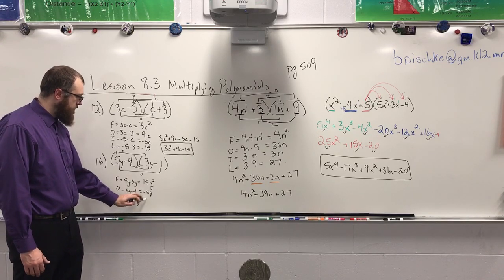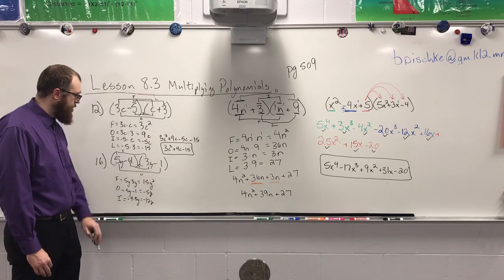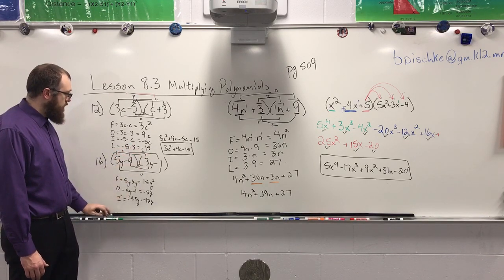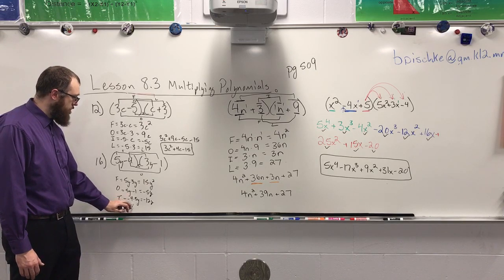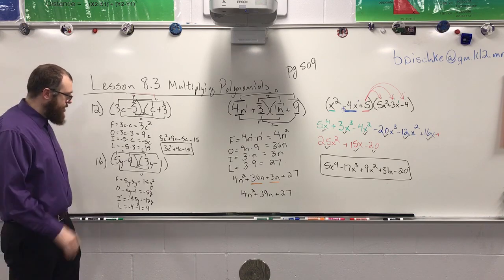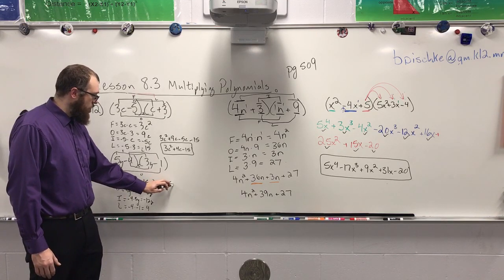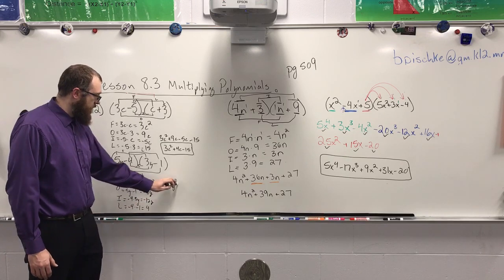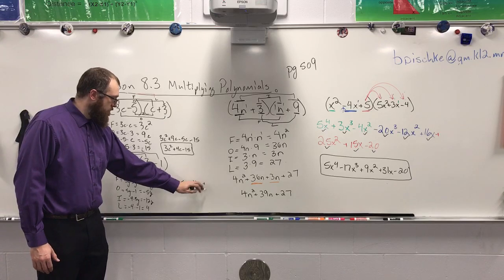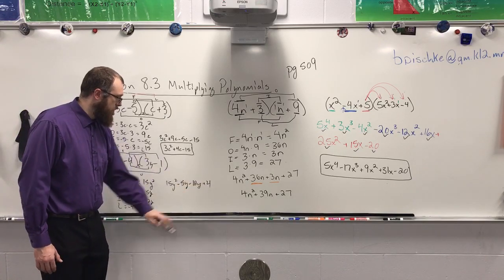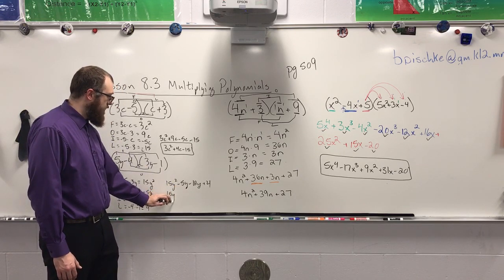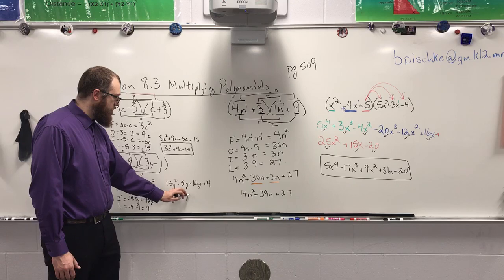Negative 4 times 3 is negative 12y. Lasts, negative 4 times negative 1, which is 4. Line them all up. 15y squared minus 5y minus 12y plus 4. When I take my negative 5y and negative 12y and put them together, I end up with negative 17y.